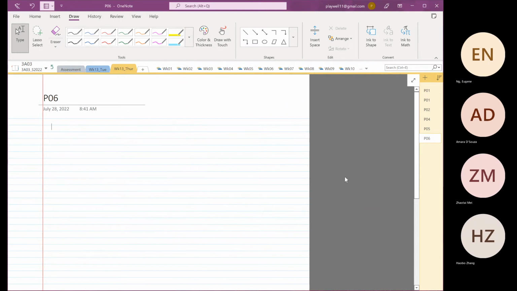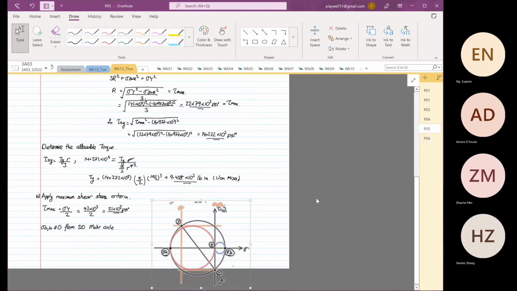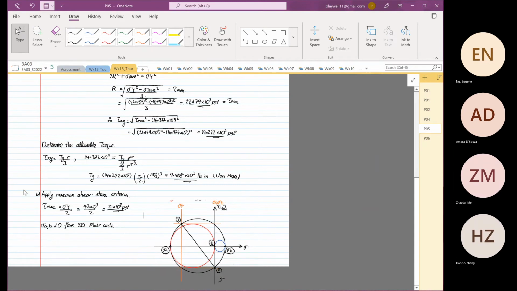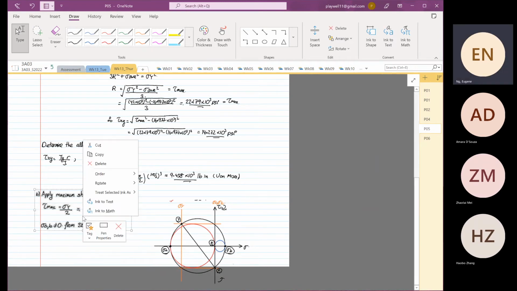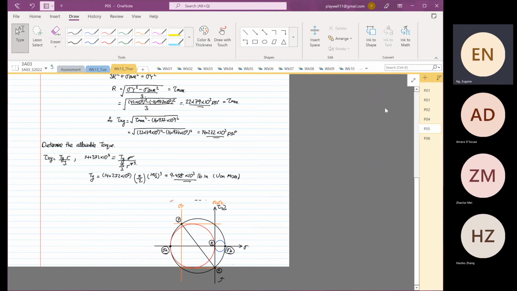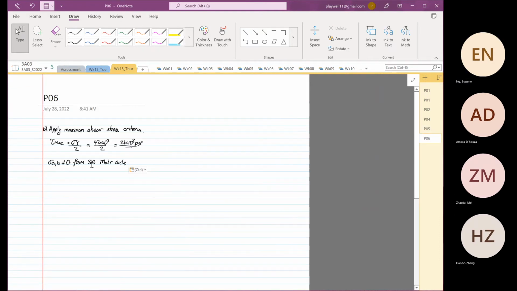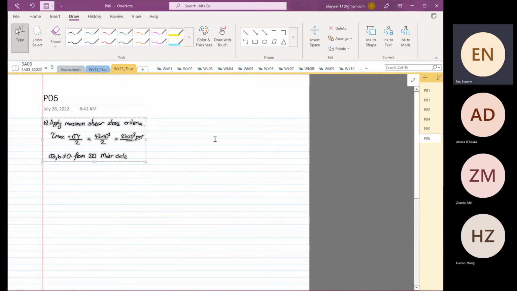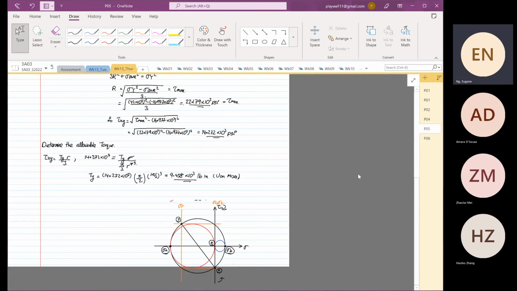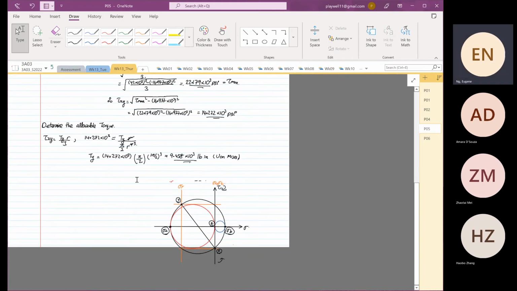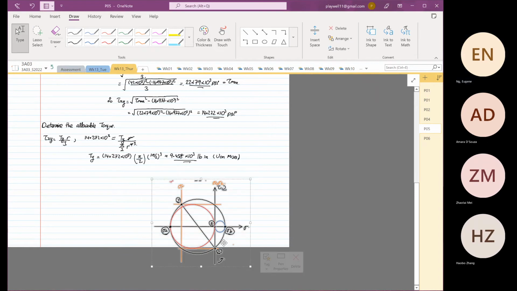So for B, we are going to apply, not von Mises, sorry, Tresca, the maximum shear stress criteria. The Mohr circle is still the same, the stress state is still the same.